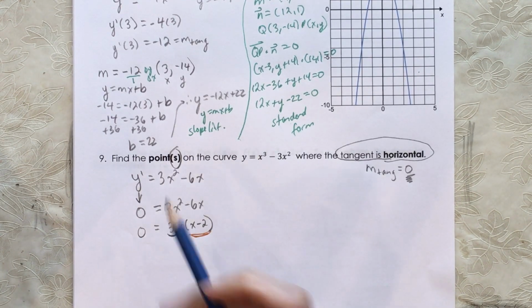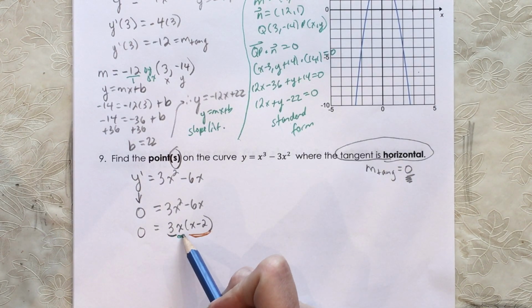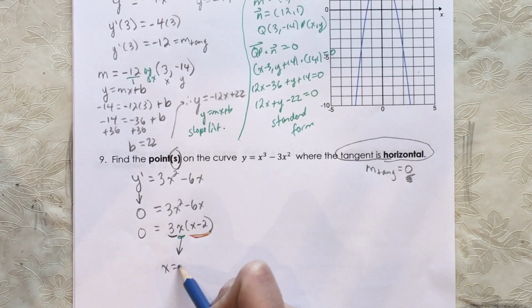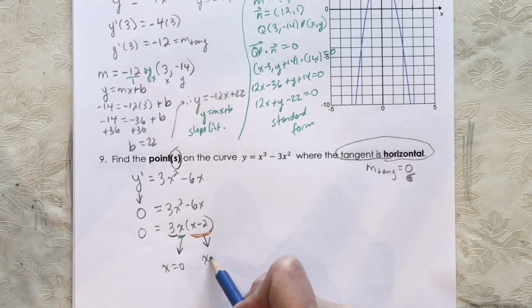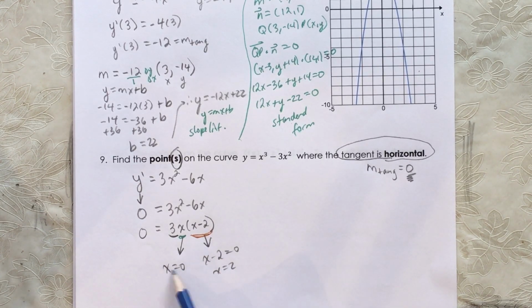So there's no way that the 3 can change because it's a constant. But if I multiply by x, and x happens to be 0, then this whole side would equal 0. So x equals 0 is one of the places where the tangent is horizontal. And for x minus 2 to be 0, x would have to equal 2. So those are the two values of x where the tangent is horizontal.